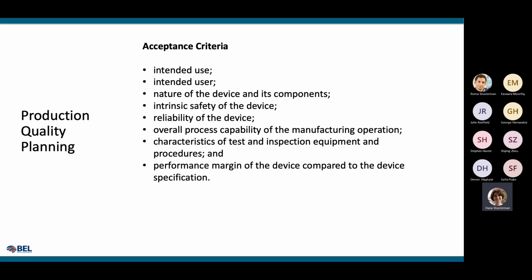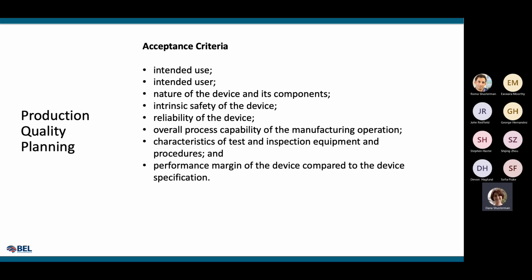In order to be assured that a device is fit for intended use, we should decide which characteristics of a device to inspect and to what extent to inspect for conformance with the device specifications.